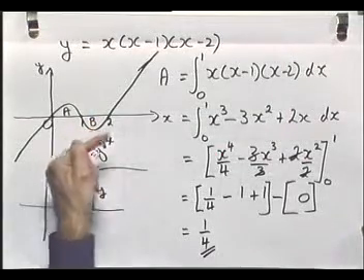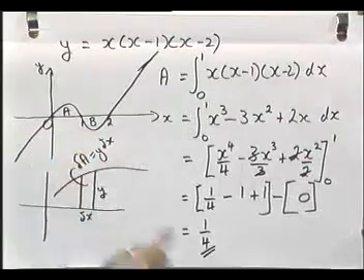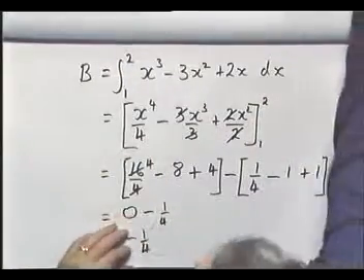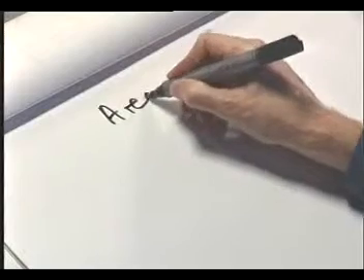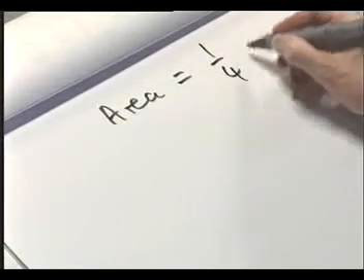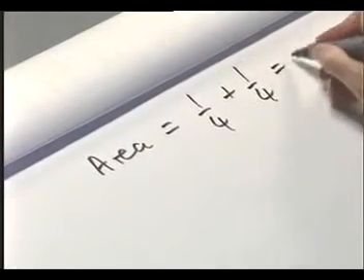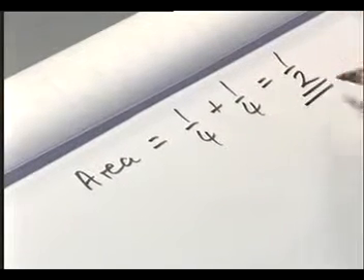The minus sign merely tells us it's below the x-axis. So the answer to our original question, what's the area that's contained between the curve and the x-axis, is given by the area is a quarter plus a quarter, which is a half.